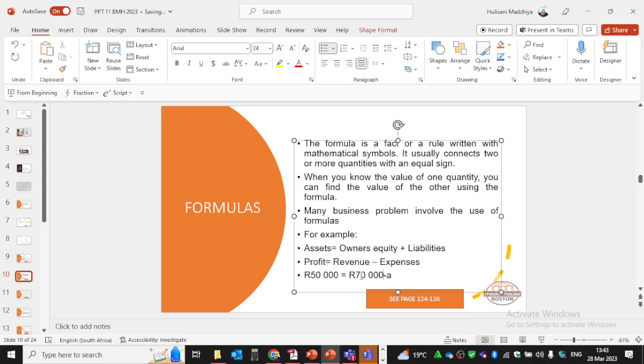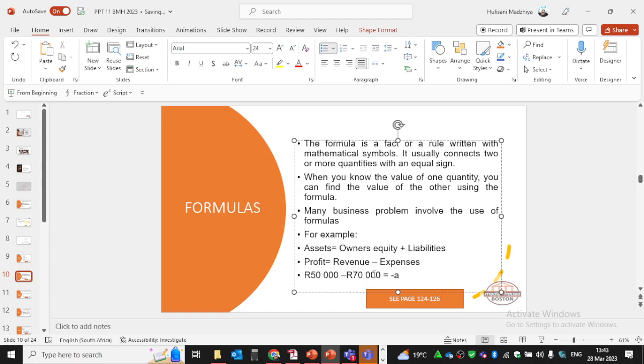Since it's positive, we're going to cancel it through the negative. So when it comes to this side, it's going to say minus 70,000. And then this side will be left with minus A.